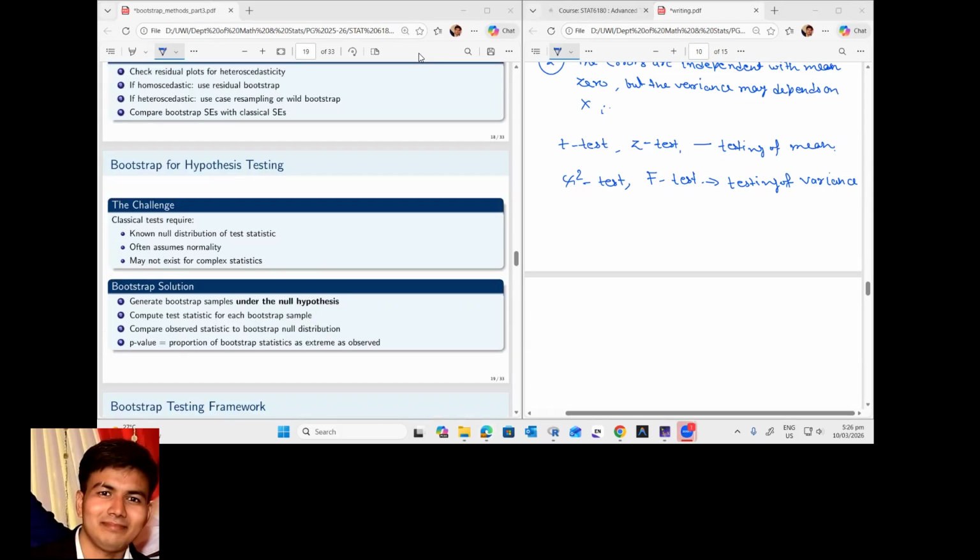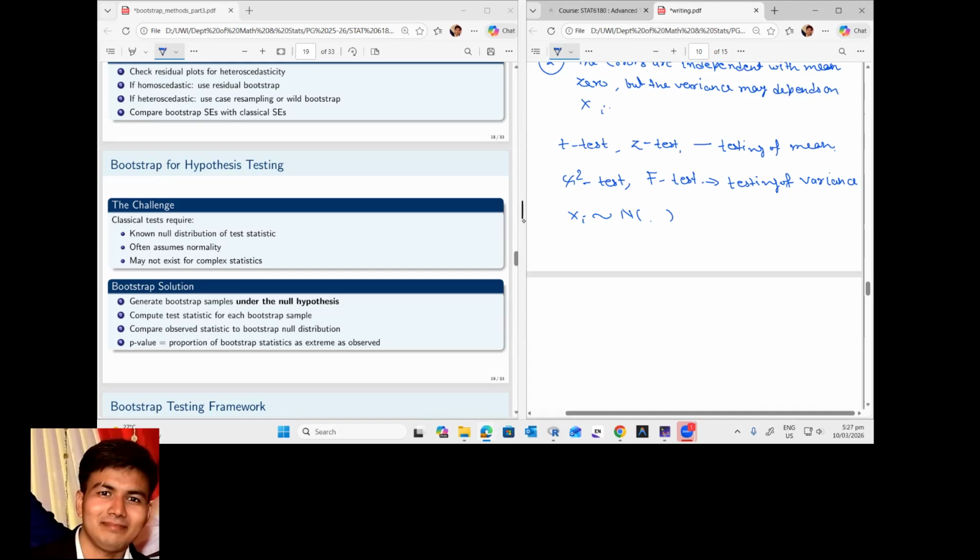And in the t-test, when you are testing the mean, what is the assumption? The assumption is that the data is normally distributed, meaning xi follows the normal distribution. Then you can use the t-test or z-test. Otherwise, you cannot use it; it will be difficult. So the bootstrap is the solution.